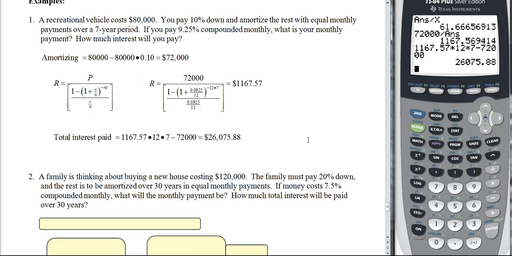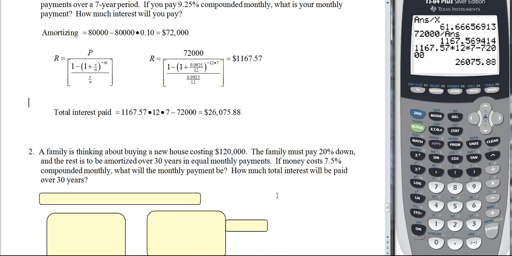Let's see, a family is thinking about buying a new house costing $120,000. The family must pay 20% down, and the rest is to be amortized over 30 years in equal monthly payments. If money costs 7.5% compounded monthly, what will the monthly payment be, and how much total interest will be paid over 30 years?